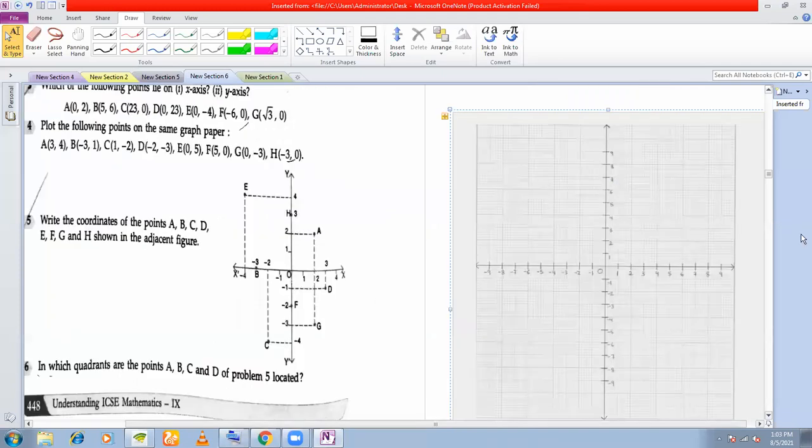Okay, here it is. This is what your graph paper should look like. You write your scale: 1 smallest division is equal to 1 unit, right?